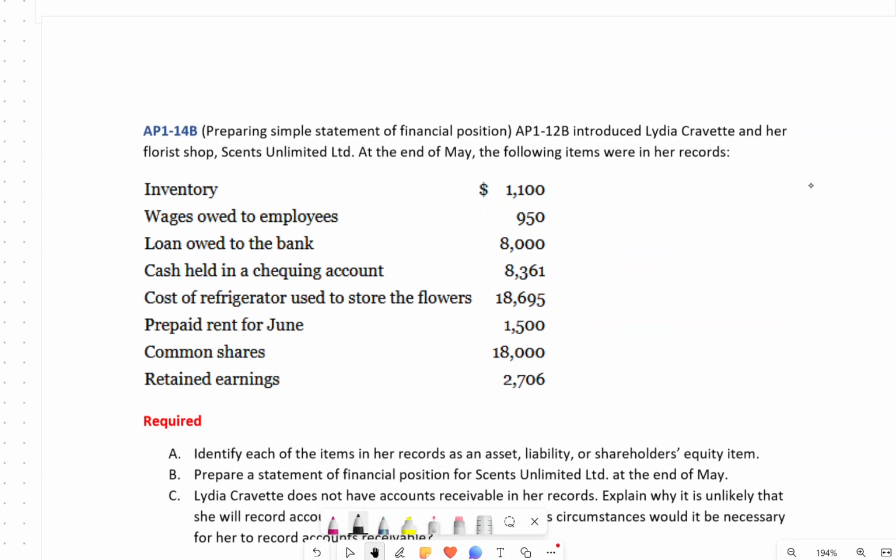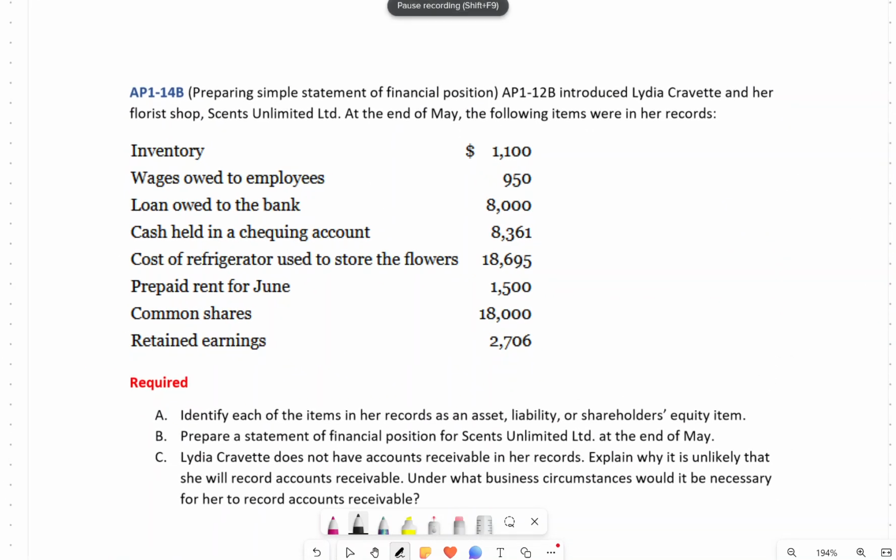Let's go further and see what the question is asking. We already did the statement of income. Now we're going to do the statement of financial position, which used to be called a balance sheet. So it will be called a balance sheet.